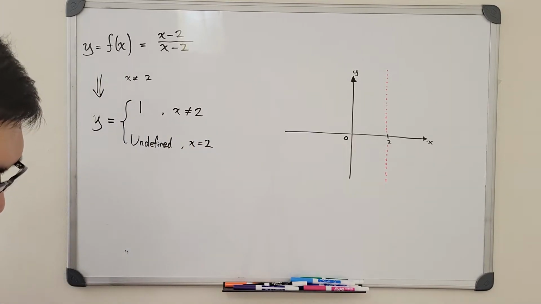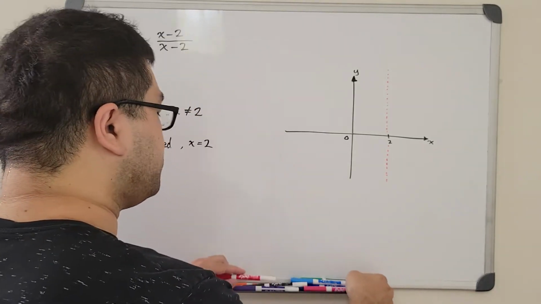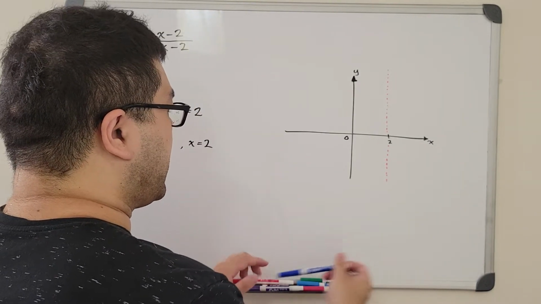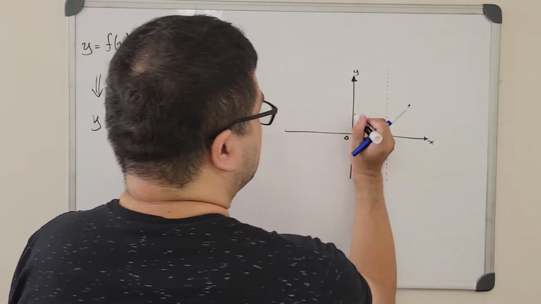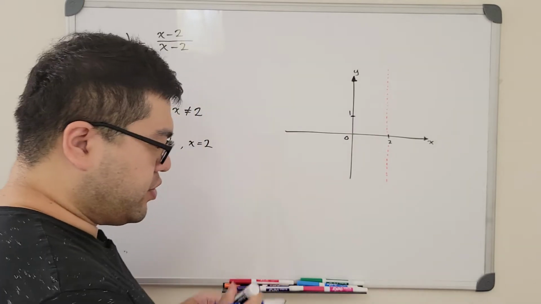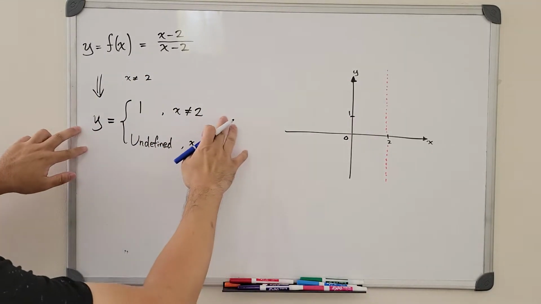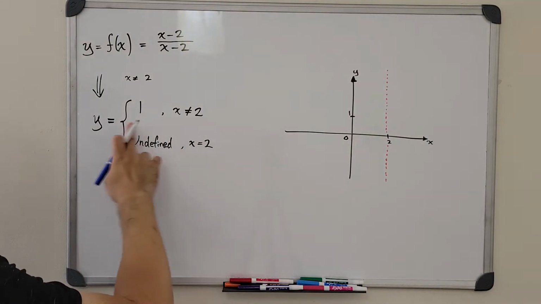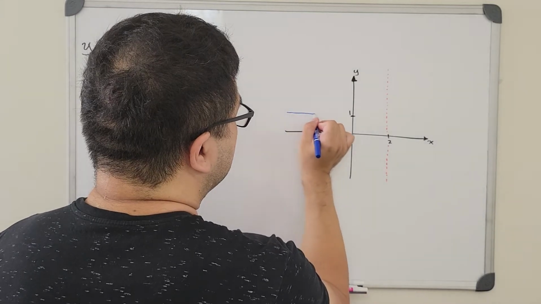Good. So if we're going to graph this out, we're going to get, let's say y equals 1 is somewhere here. Then we know that by how we split the function into 2 parts, the function looks like this graphically.